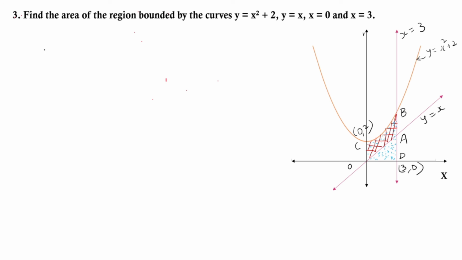So let us write, required area is equal to area of ODBC minus area of triangle ODA.